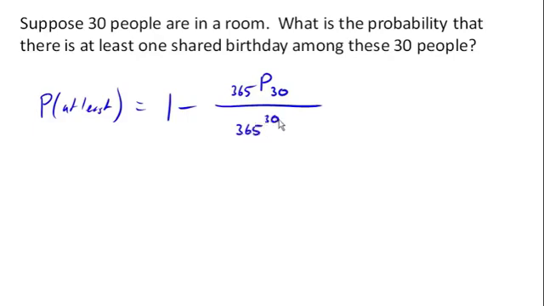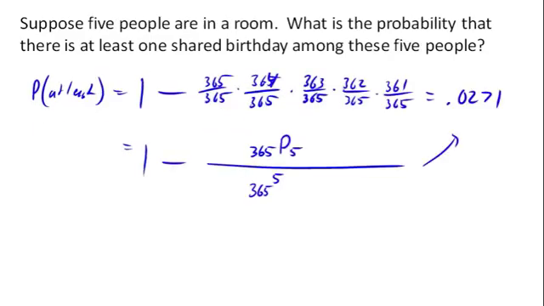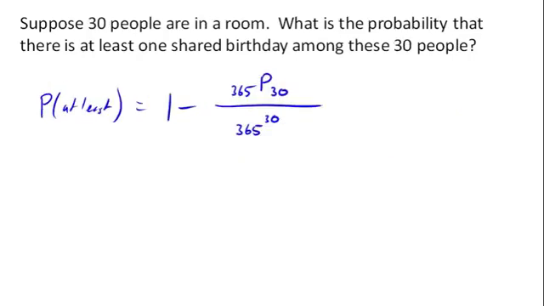That's the same idea as our numerator and denominator there. Computing that, it comes out to be 0.706, or 70.6%, which is probably a little bit surprising. That means out of 30 people in a room, there's a 70% chance that there's at least one shared birthday in that room.